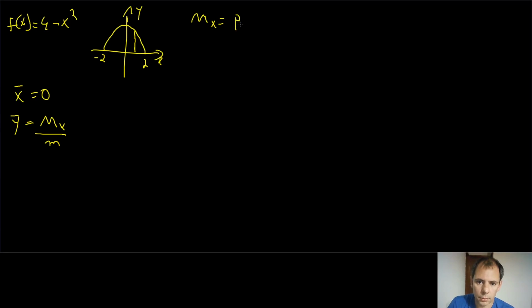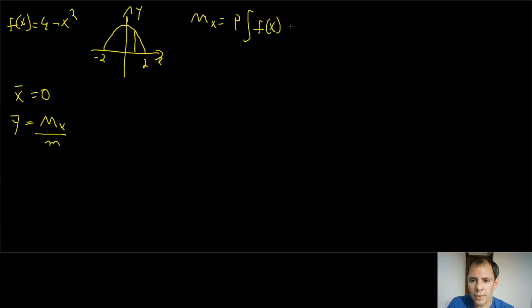I'm just going to write it as a P here, which is the laminar density, the mass divided by the area instead of by the volume, times the integral of f of x minus g of x. Well, g of x is just 0, so you don't have to worry about that.